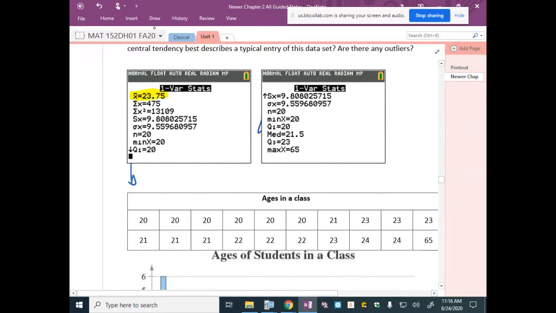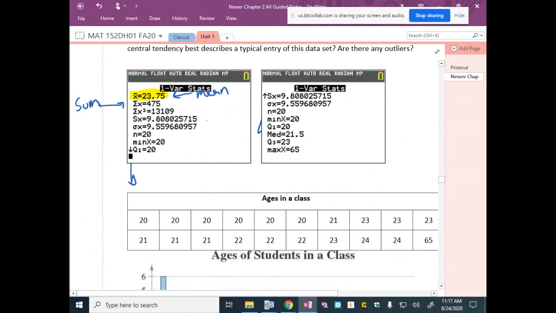This is the mean. This second one, sigma x, that is the sum. It actually adds that up for you. And this would be the sum of the data squared. Now, these are standard deviations. We're not going to worry about that just now.